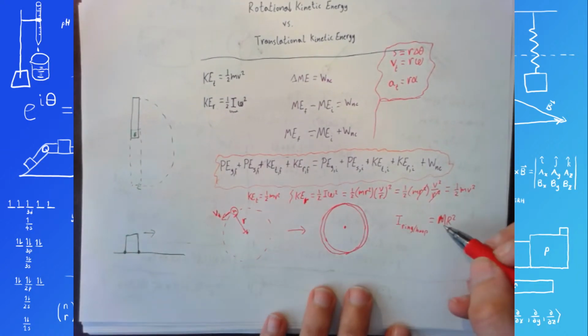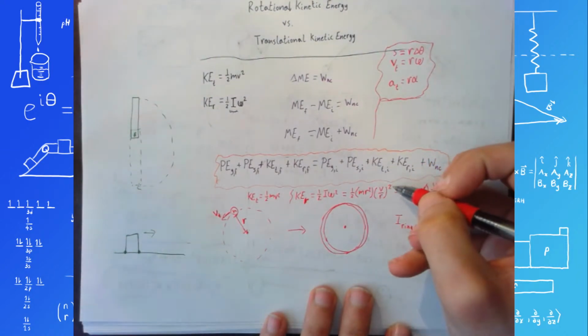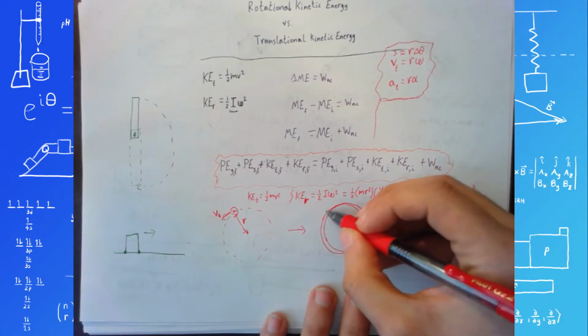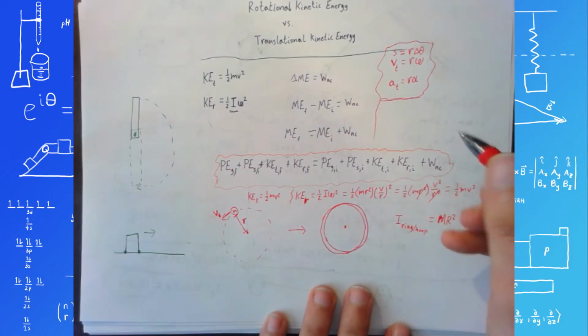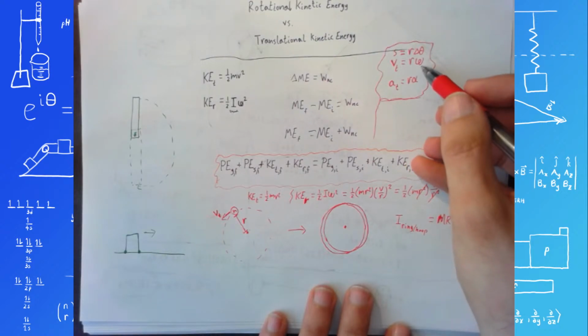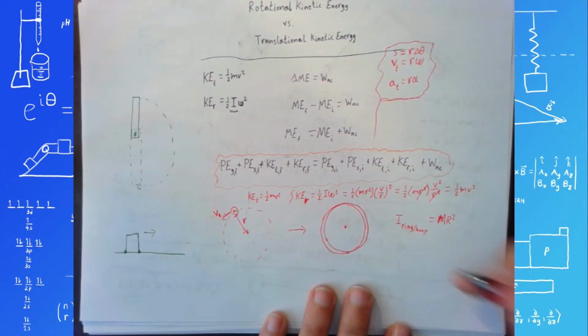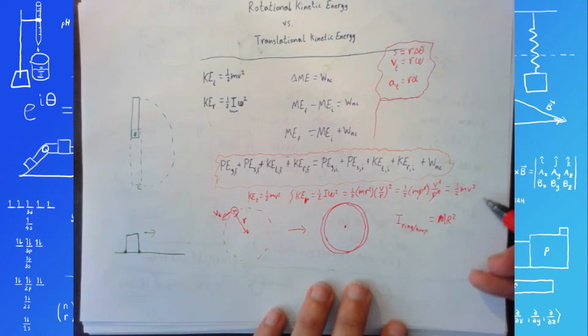So yeah, it's the same mr squared if you put it in the equation. V tangential of any individual part of the ring is still going to be r times whatever omega this ring is spinning at. So all of this just ultimately leads to 1/2 mv squared again.